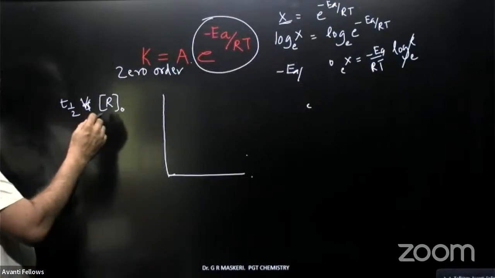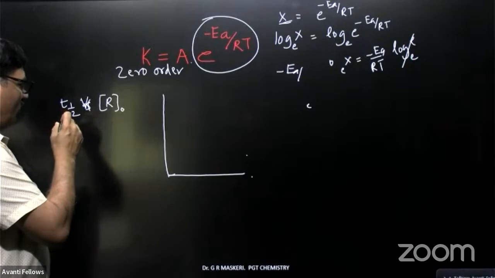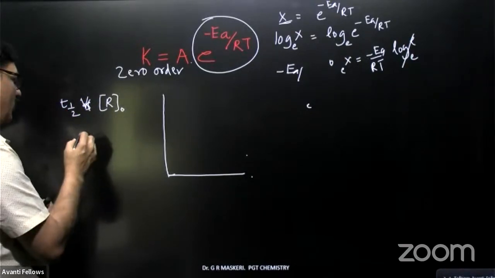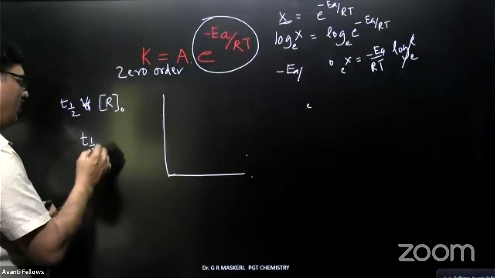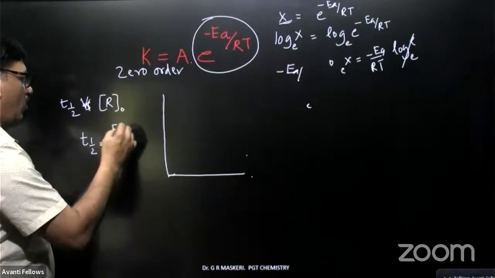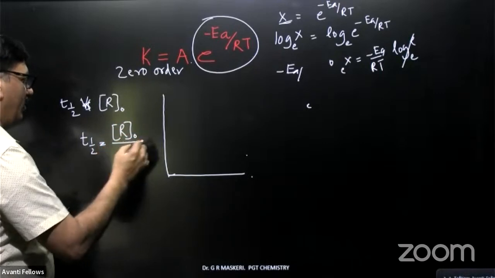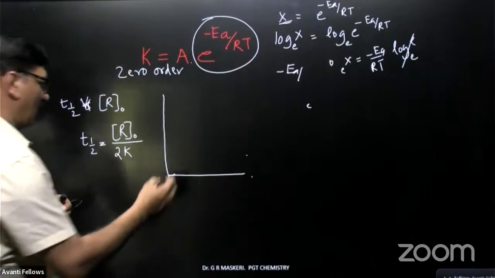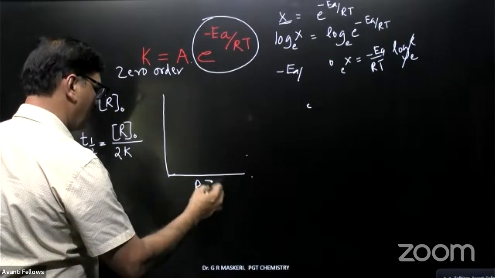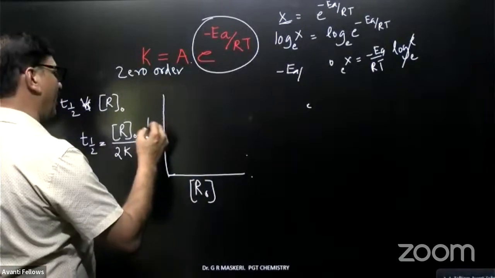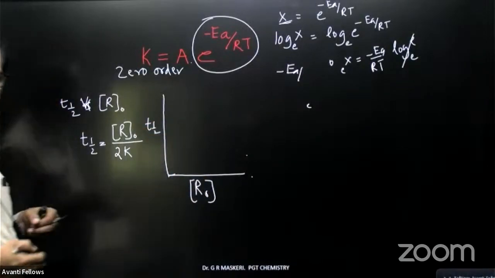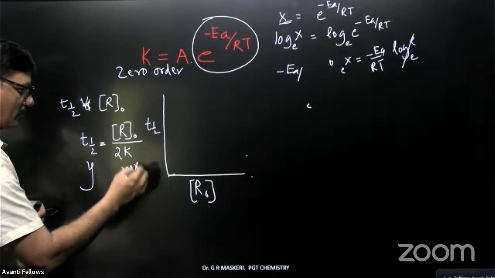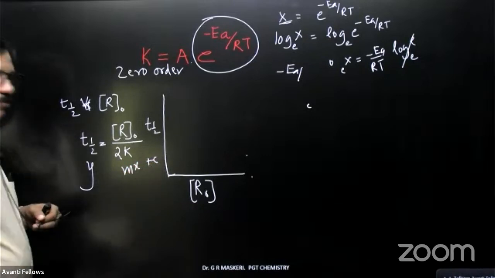So this is T half versus R naught. Try to find the numerical relationship between them. The expression for T half is equal to R naught by 2K. Suppose R naught is on the x-axis and T half is on the y-axis, then this is in the y is equal to mx plus c form.